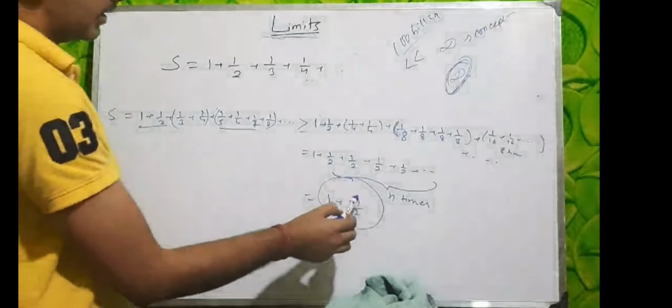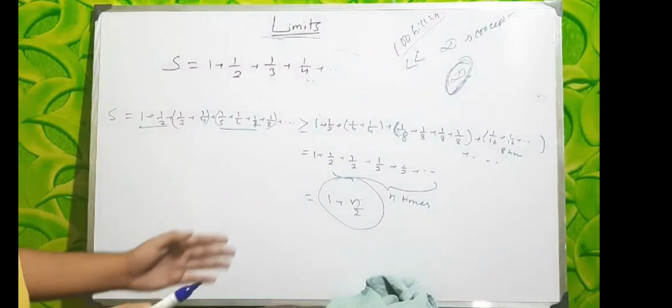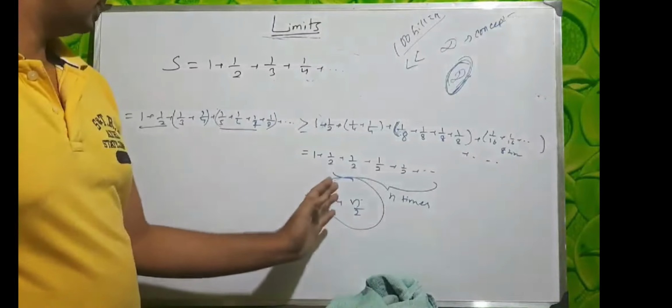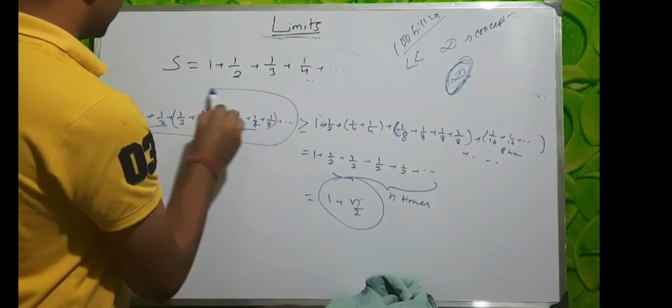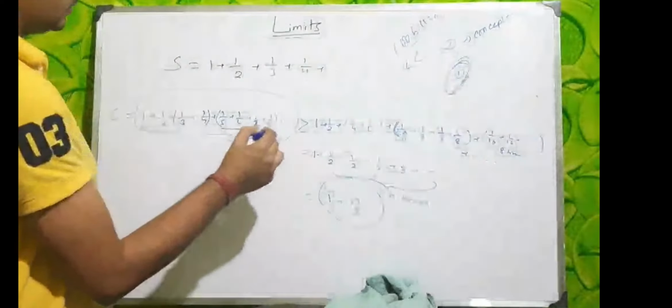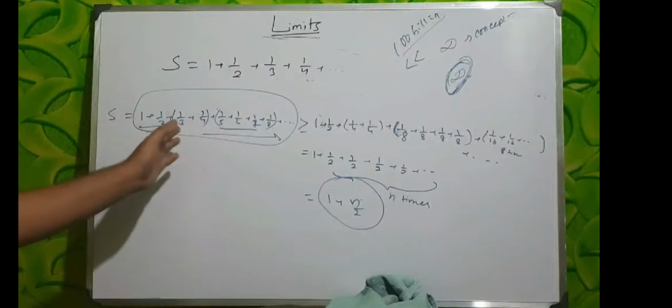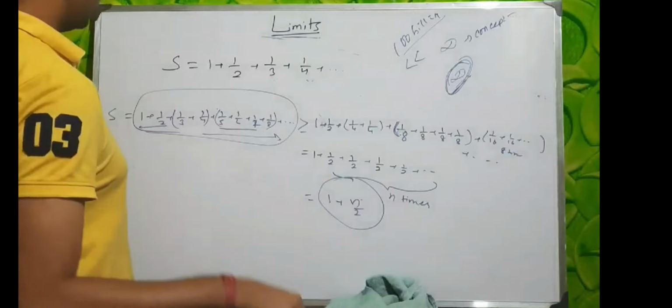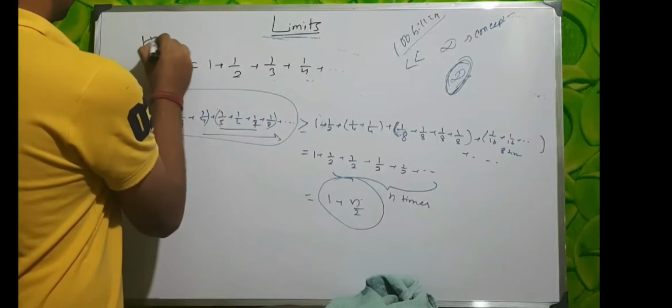Is this thing finite now? Yes, it is finite if n is finite. But as we increase n, this thing is going to increase, and we changed nothing here. We can take as many terms as we like in this series, which is actually known as the harmonic series.